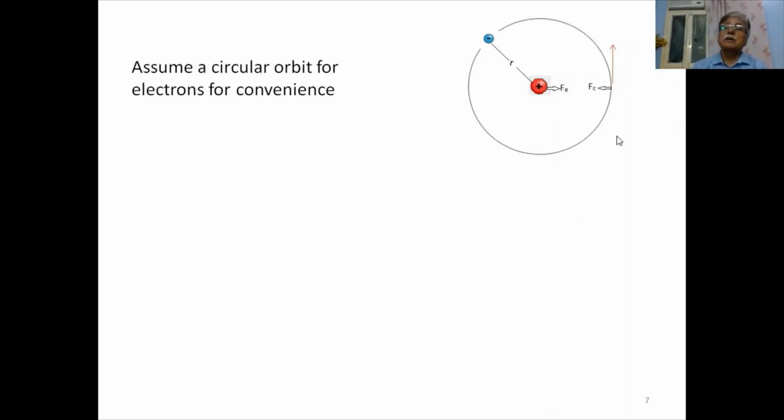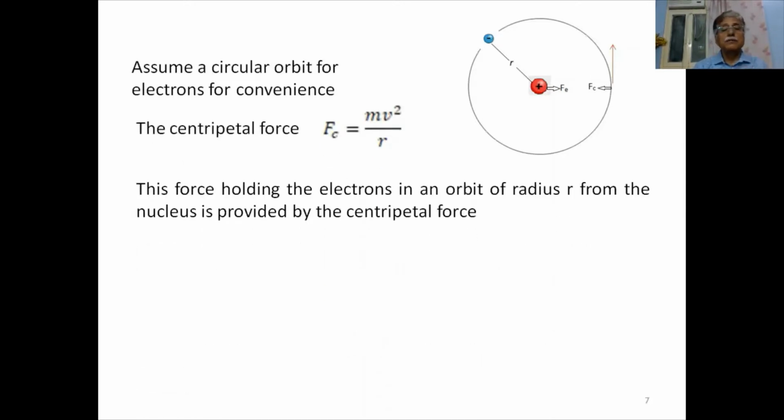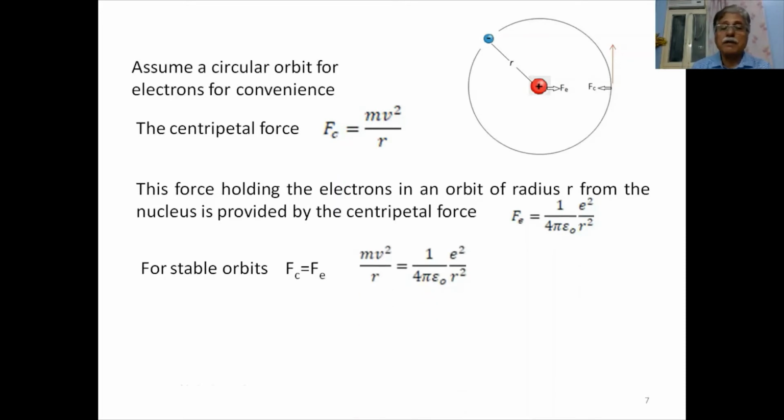And this electron at any point of the circle is moving tangent to the circle, as you can see by the red arrow. So we have the centripetal force mv square by r, the force holding the electron in an orbit of radius r from the nucleus, that is 1 by 4 pi epsilon 0 e square by r square. So according to Newton's second law of motion, mv square by r is equal to 1 by 4 pi epsilon 0 e square by r square.